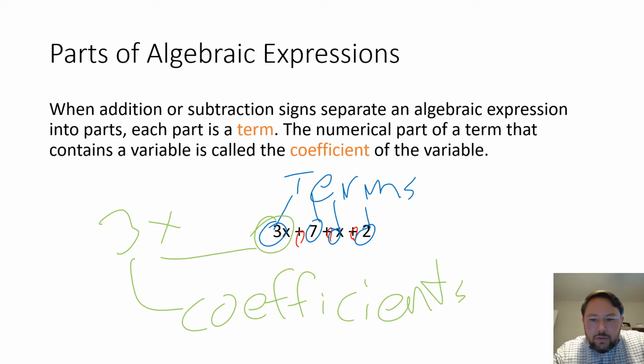So the 3 here is a coefficient of the x because we have a variable and a numeric part, right? The whole thing isn't, just to be clear, the whole thing is not a coefficient. Just the 3 is a coefficient. It's what we're multiplying by that variable. So that's the coefficient. So we have one coefficient, and then we have 4 terms in this expression.